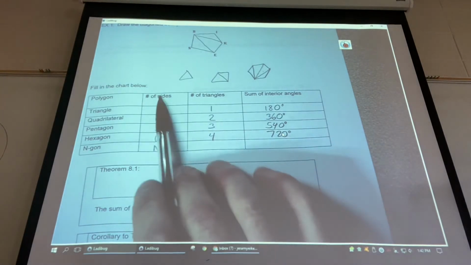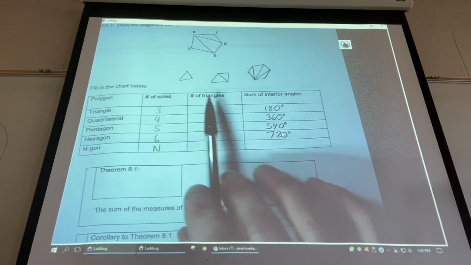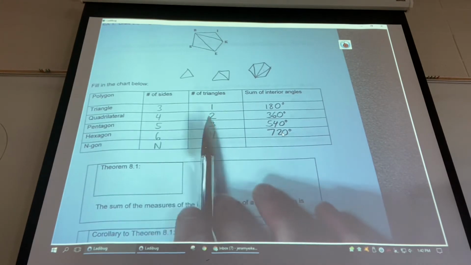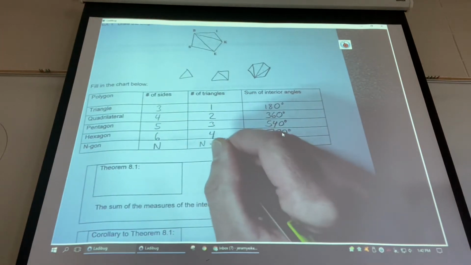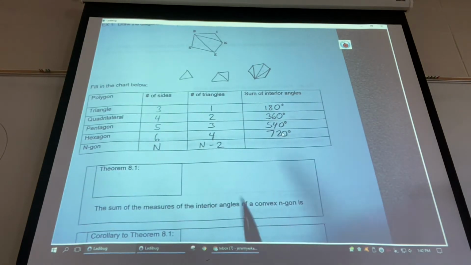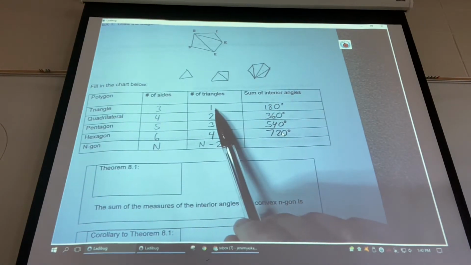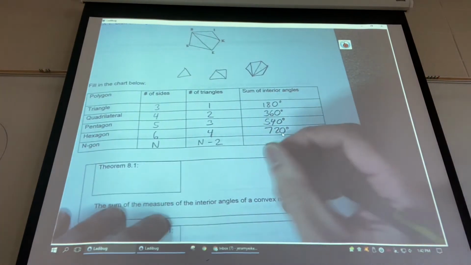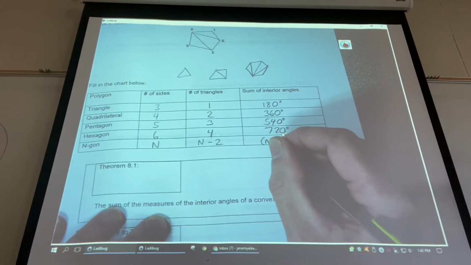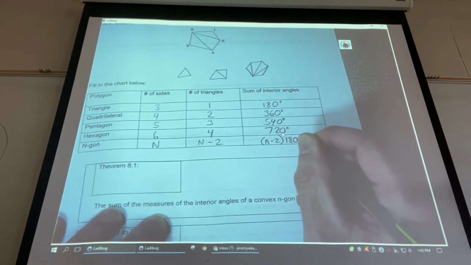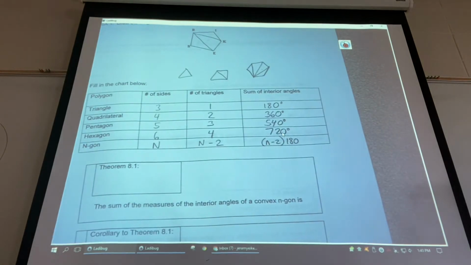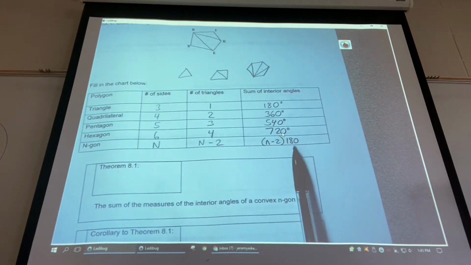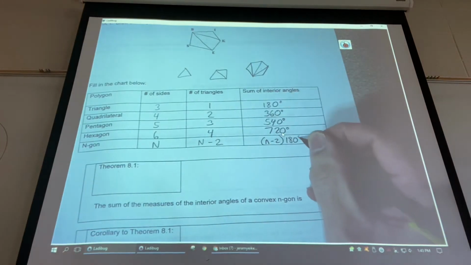How do you go from the number of sides to the number of triangles? What are you doing each time? Subtracting 2. And then to go from the number of triangles to the sum of the interior angles, there's a formula: n minus 2 times 180. If you know the number of sides, subtract 2 from it and multiply by 180 to get the sum of your interior angles.